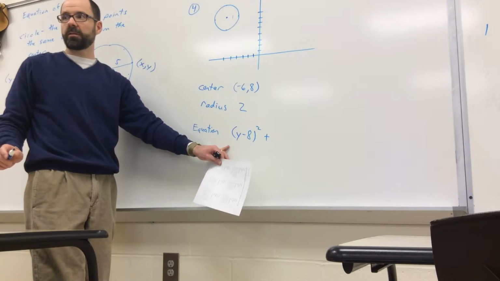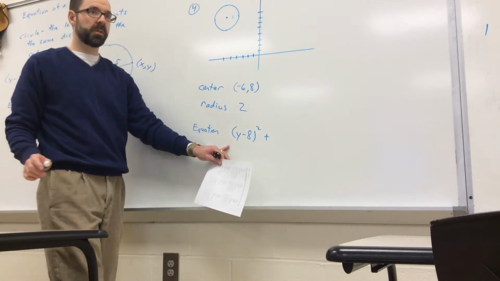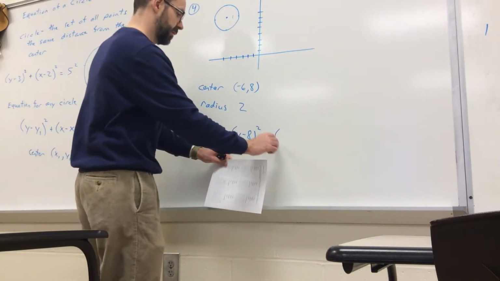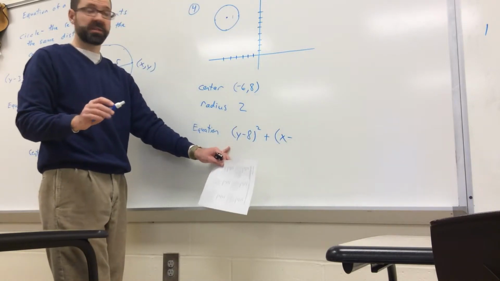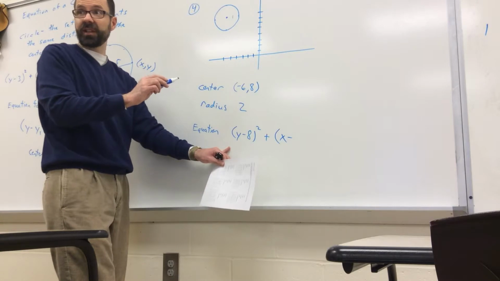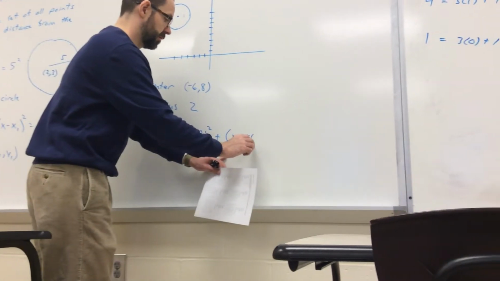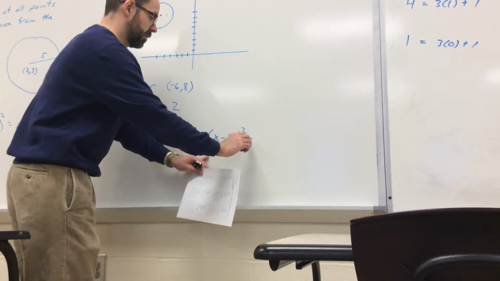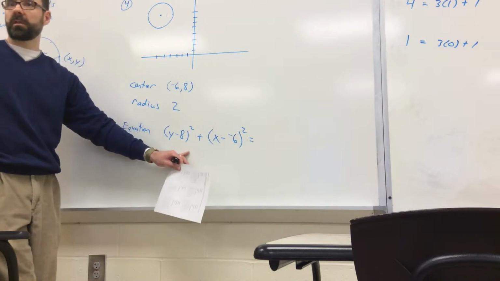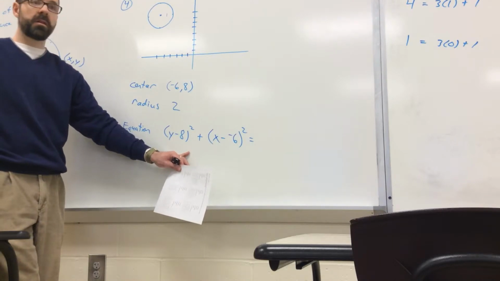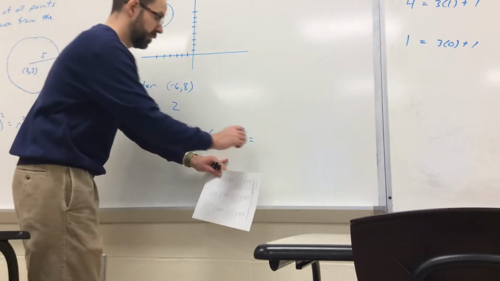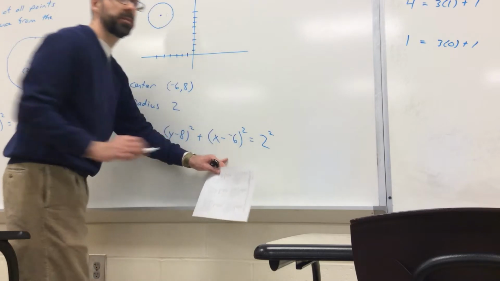Everybody okay? And then plus x minus, this is a little bit awkward, but it's minus a -6. See where I'm getting this? And then you do the radius squared.